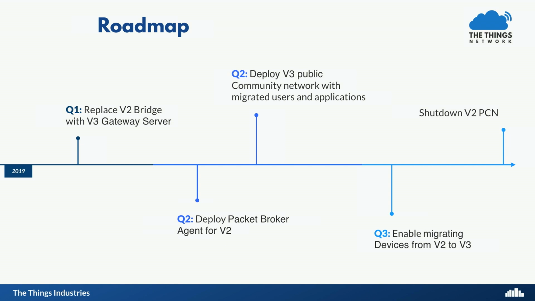So we migrate all the users, we migrate all the applications. We don't migrate any devices, but just the logins and the applications and the structure. And then you can log in to a v3 community network with all the coverage, all the gateways of the TTN v2 community network. And then you can choose to migrate your devices from v2 to v3.